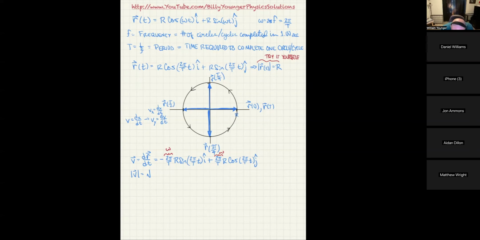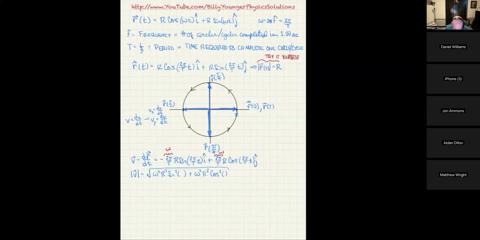And of course, it's negative omega, and I have to square it. So negative omega times negative omega just makes omega squared, and then times r squared, and then times sine squared of the argument, plus again omega squared r squared cosine squared of the argument.